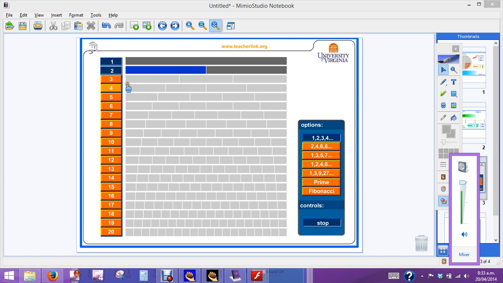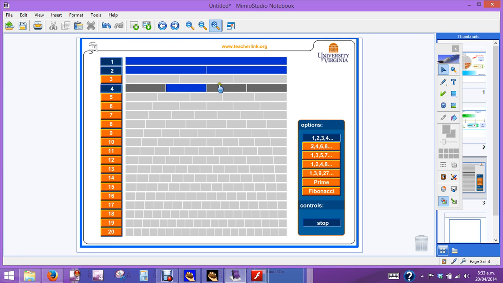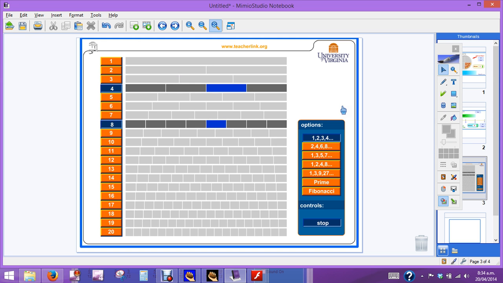Remember, quarters are smaller than halves because 4 is bigger than 2. Let's go for eighths. And 16ths. Okay, so they're smaller because 16 is bigger.